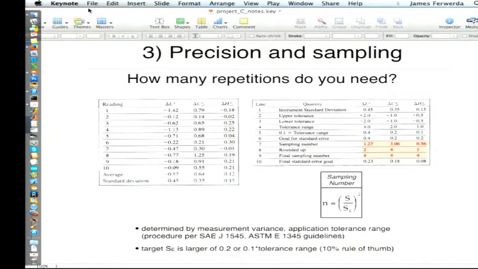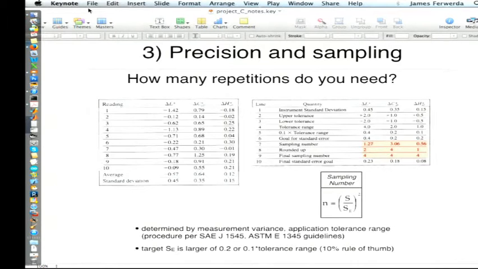Okay? Yes? Why do you round up to 3.06? Because you can't make .06 measurements on a sample, right? Then how do you get from rounding up to 1 and then requiring 4 samples? Oh, from here to here? So, okay, this is just the pure calculation, right?